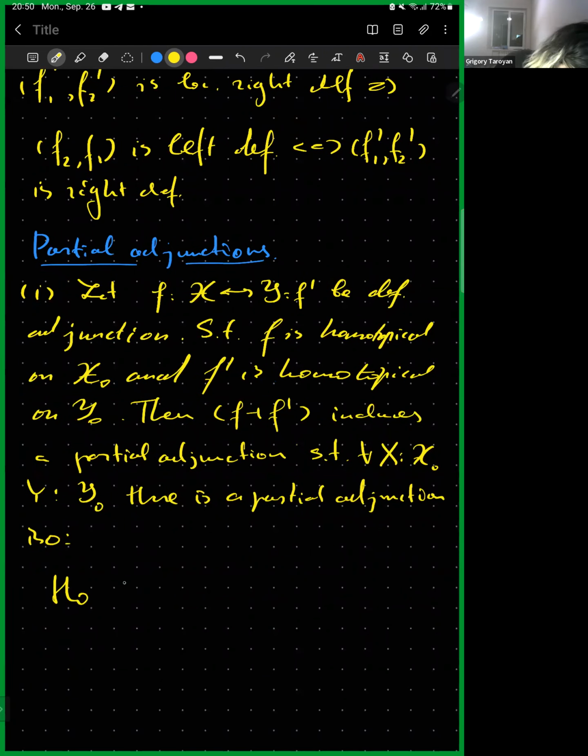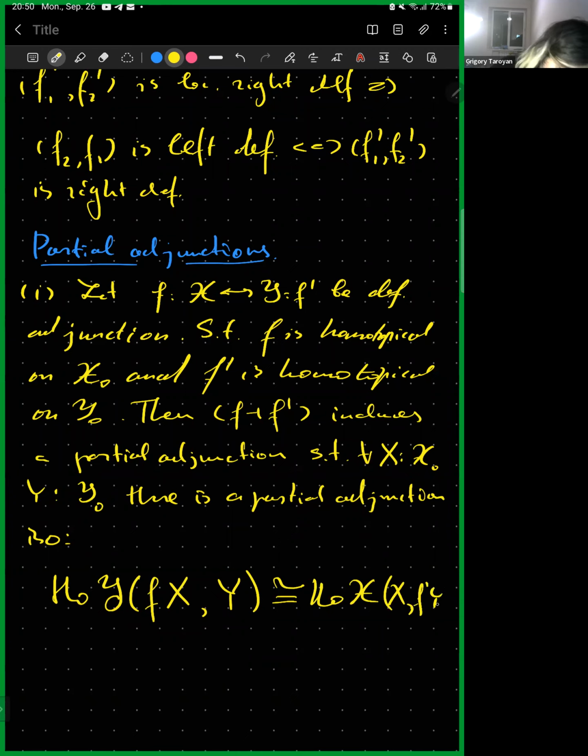We take the homotopy category of Y, take the maps from Fx to y, and this is isomorphic to homotopy classes of maps like this.